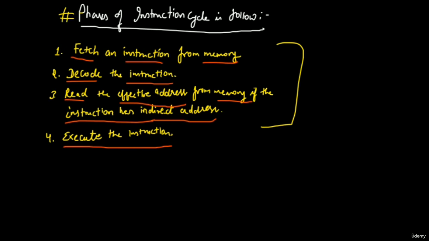Let's proceed and dig deeper into this concept. Now the thing that we're going to learn is fetch and decode, and how they work. So what is fetching and what is decoding?